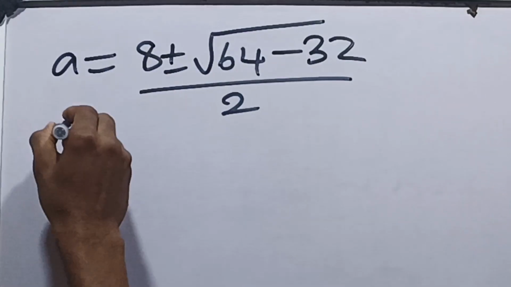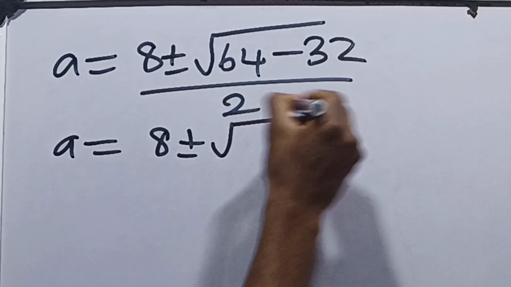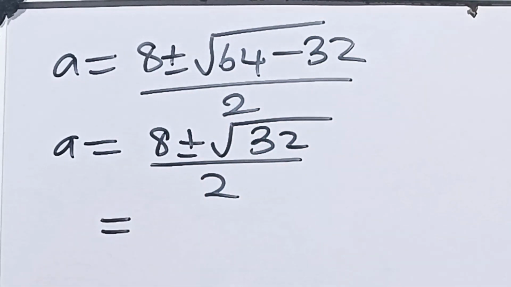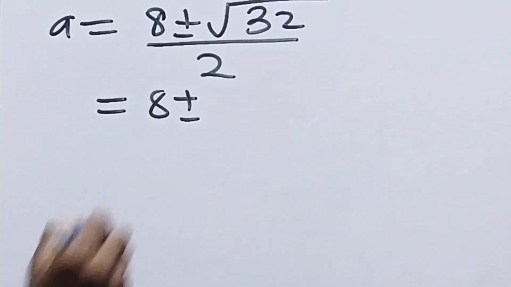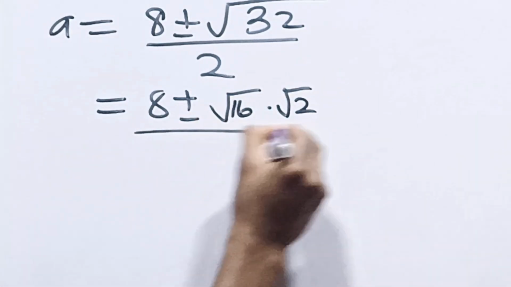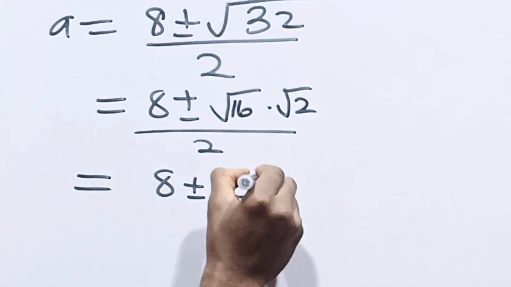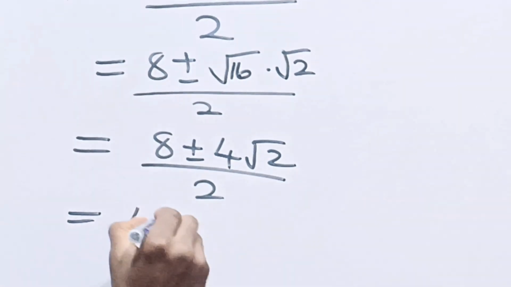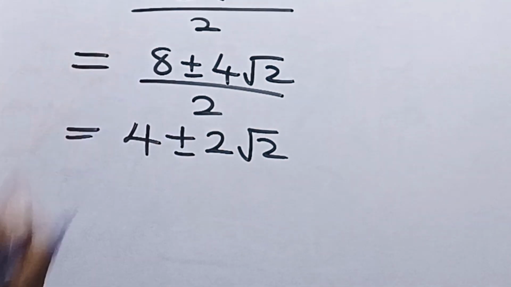We now have a equal to 8 plus or minus root of 64 minus 32, all over 2, which is 8 plus or minus root of 32. Root 32 can be expressed as root 16 multiplied by root 2, so this is 8 plus or minus 4 root 2 all over 2. Dividing each term by 2, this is 4 plus or minus 2 root 2.